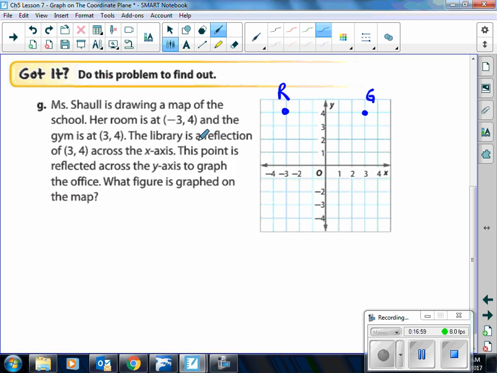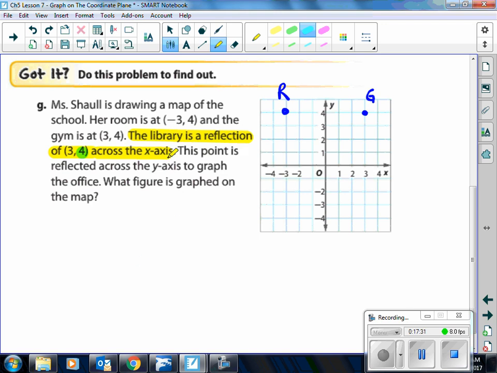Now the library is a reflection of 3 comma 4 across the x-axis. Okay, so now this is the library's reflection of the gym, right? So if I'm reflecting the gym 3 comma 4 over the x-axis, which value changes? The y value changes, right?